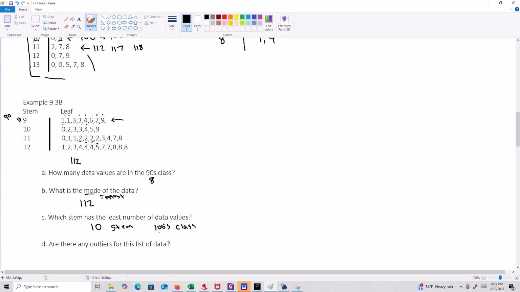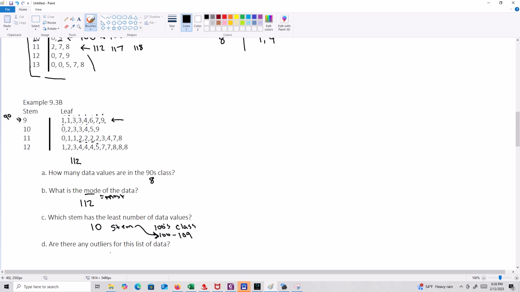It would cover the numbers 100 to 109. That's what the 10 stem would actually mean, what numbers would be included in it. Remember, when you're separating by class, you just look for when that tens digit changes.